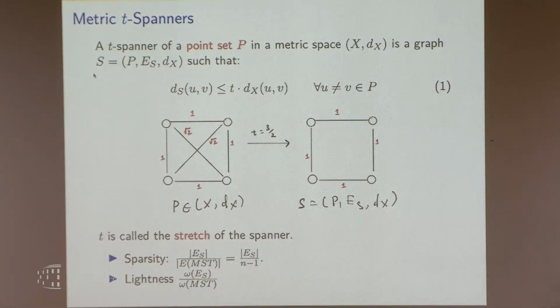So we want to compare how much more you have to pay compared to the MST. That gives the definition of lightness, which is the total edge weight of the spanner over the weight of the MST. So for both sparsity and lightness, you want to be competitive with a minimum spanning tree, because it's the simplest connected graph that connects everything. And this is going to be a function of the stretch.